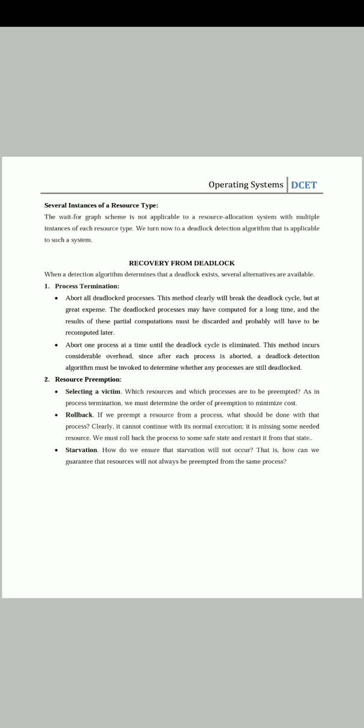Every time I choose the same resource for preemption, how do we guarantee that I am choosing other resources too? Sometimes you select the same resources for preemption every time. That leads to starvation. It means you need to select resources for preemption such that they are not always from the same process. Thank you.